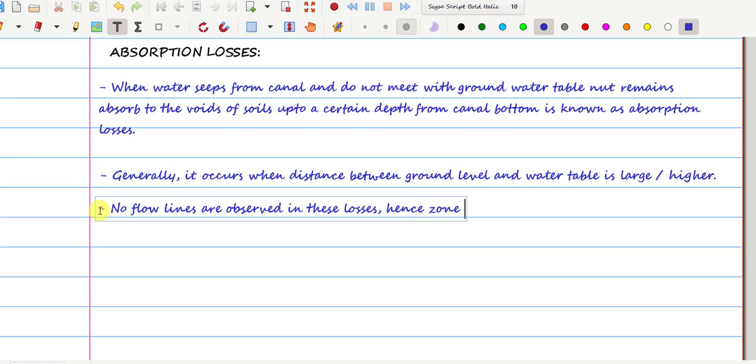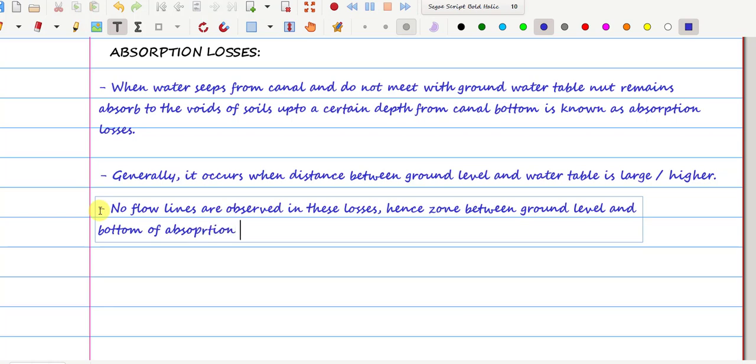Hence, the zone between ground level and the bottom of absorption is completely saturated and known as the saturation zone.